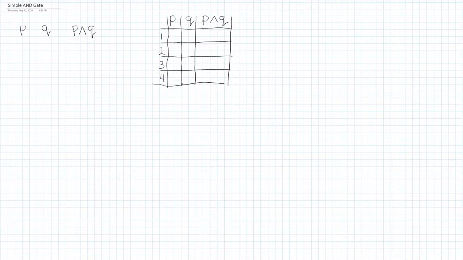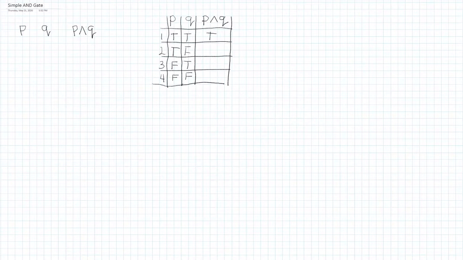So, to start off with the truth table, there are only 4 different cases for the two propositions. The way you cover all 4 cases is to first fill out the first 2 lines, something like this. And then the only time that the conjunction is true is if both the propositions are true.